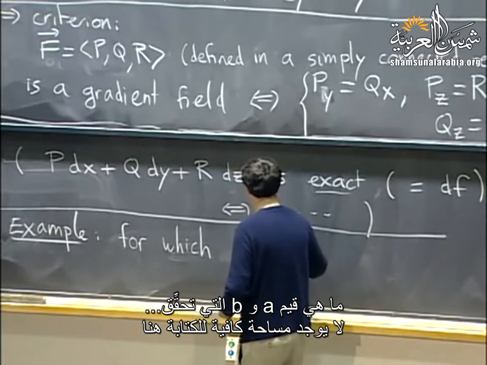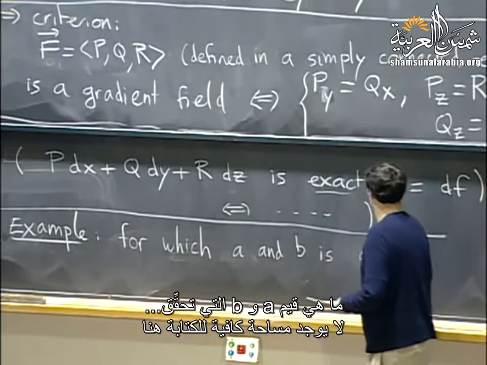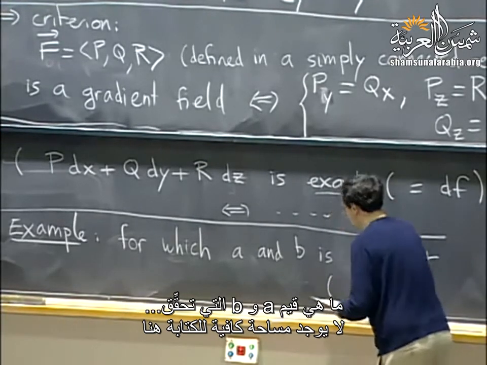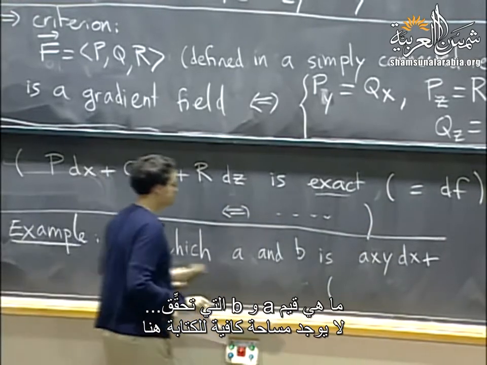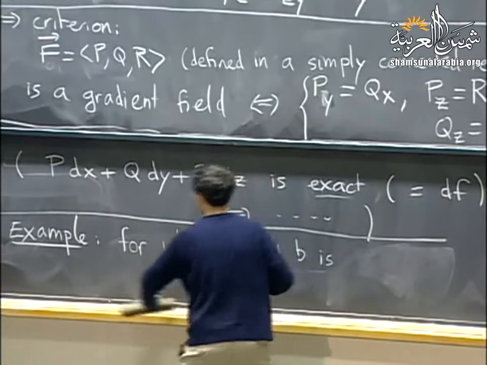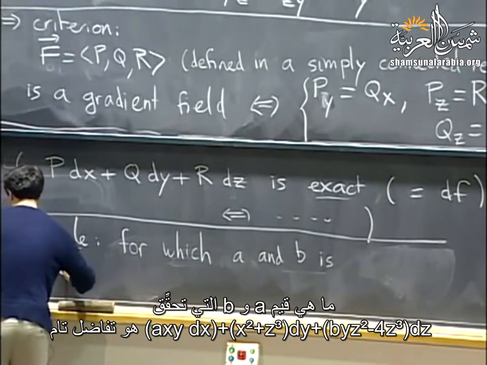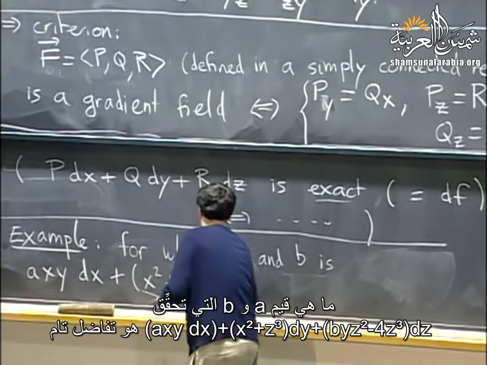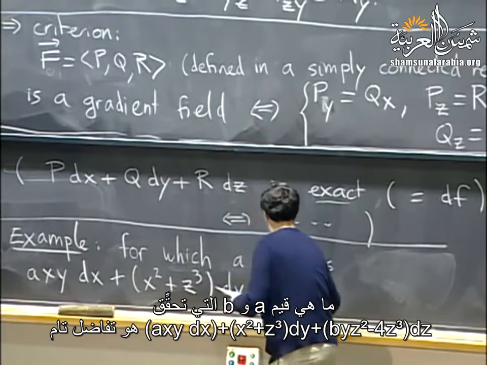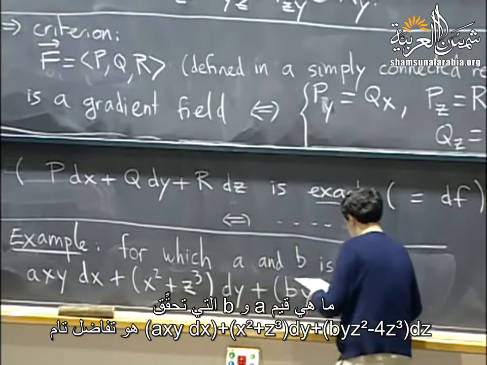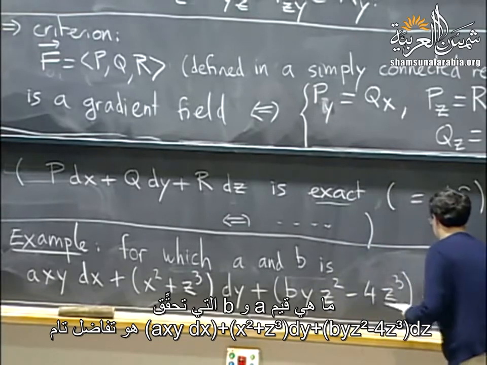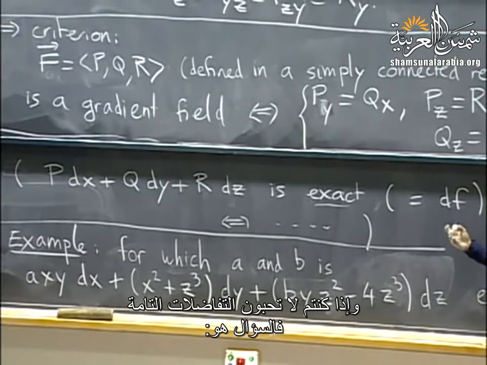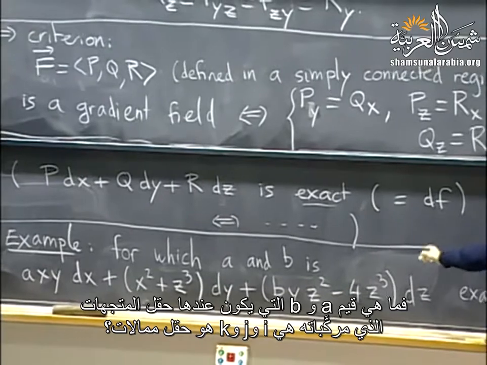Let's say for which a and b is axy dx plus x squared plus z cubed dy plus by z squared minus 4z cubed dz an exact differential? Or if you don't like exact differentials, for which a and b is the corresponding vector field with i, j, and k instead a gradient field?